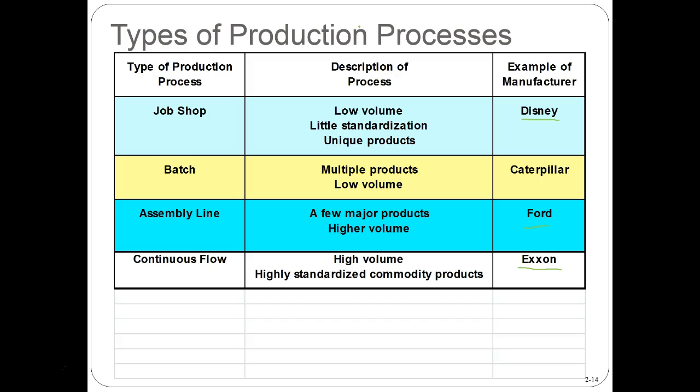We will have the same pools, meaning we'll have raw materials, work in process, and finished goods, then it'll go to cost of goods sold, but the way we allocate between those pools will differ somewhat by the type of production process. And that is it for this presentation.